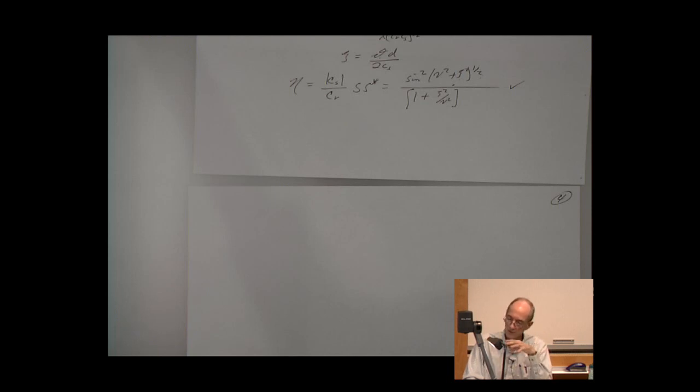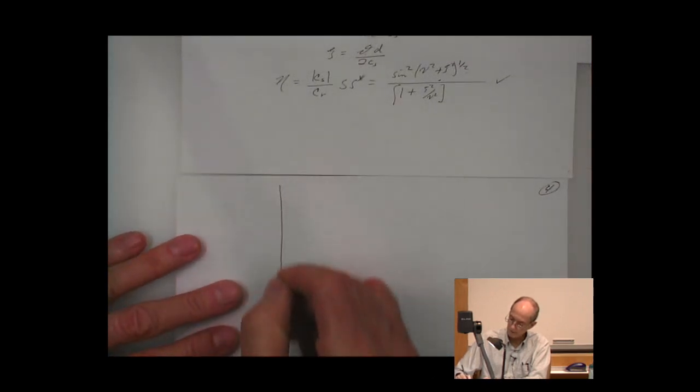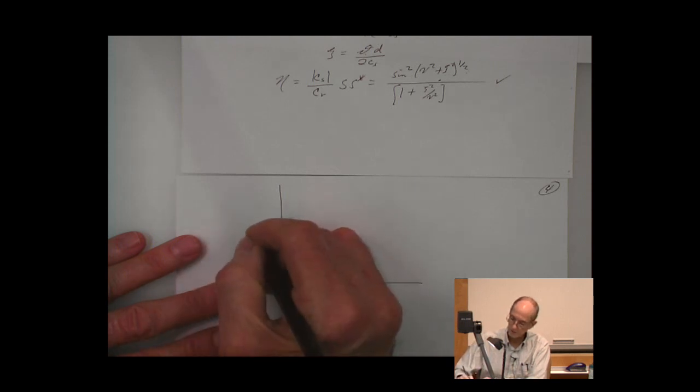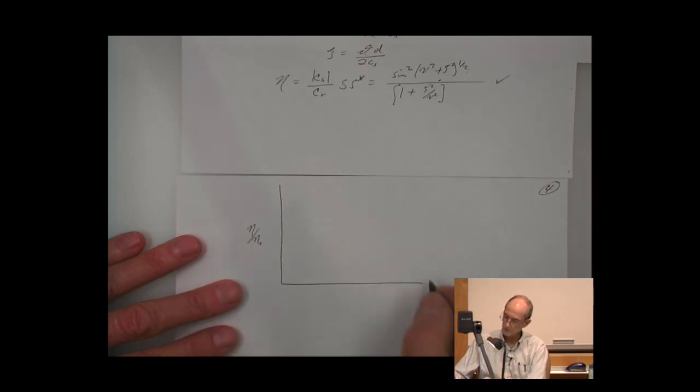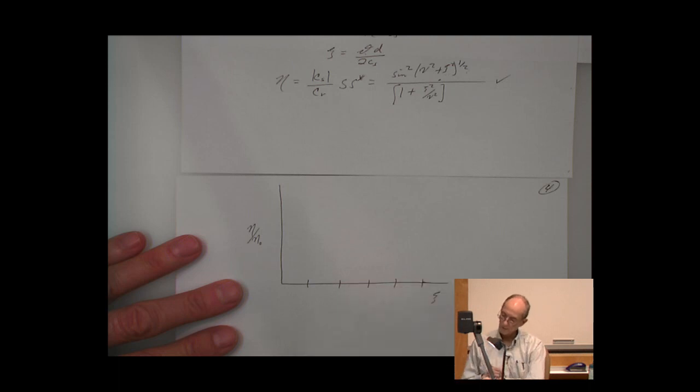So let's look at some results that we might see using this expression. If we make a little plot here, we can plot the hologram efficiency, say the normalized efficiency, as a function of basically the tuning parameter. All right, so let's see, we have 1, 2, 3, 5.